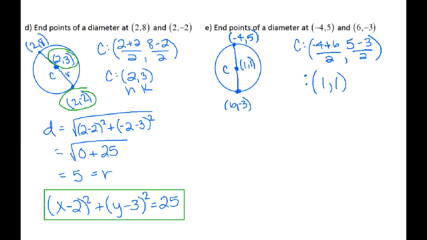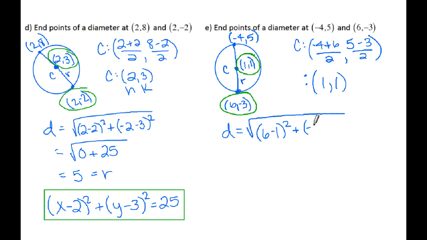And again, to be able to find your radius, I'm going to go ahead and use my center and one of the endpoints of my diameter. And I want to find the distance, so I'm going to calculate the distance between that, and that's going to give me the radius. So x2 minus x1 squared plus y2 minus y1 squared.